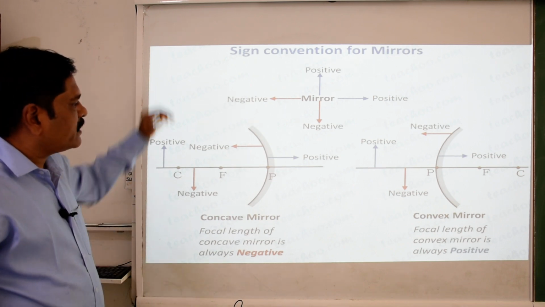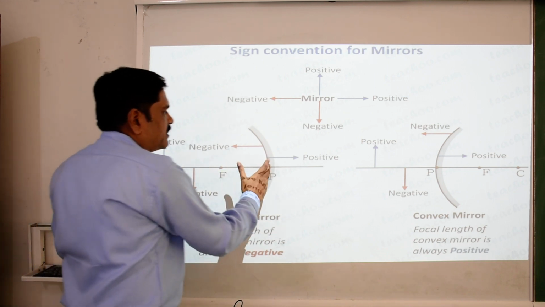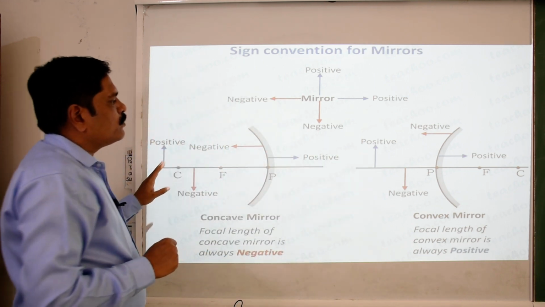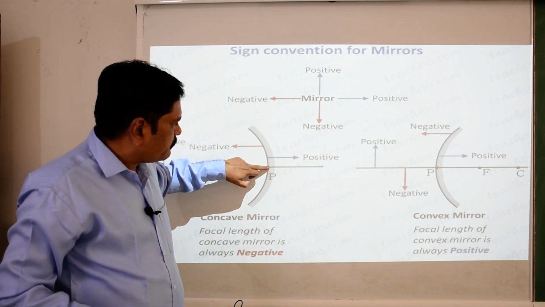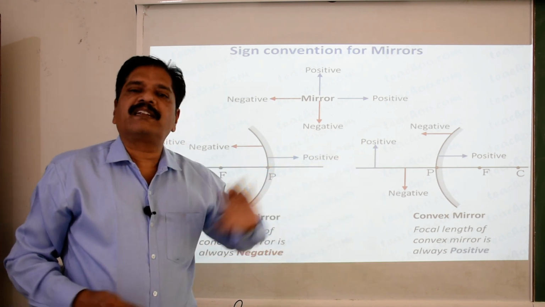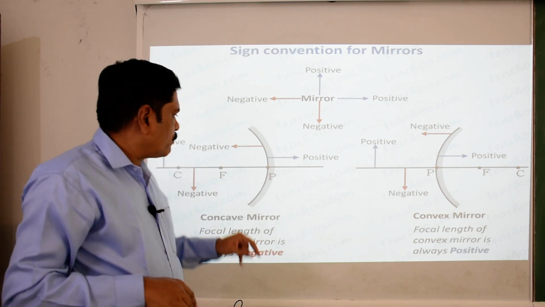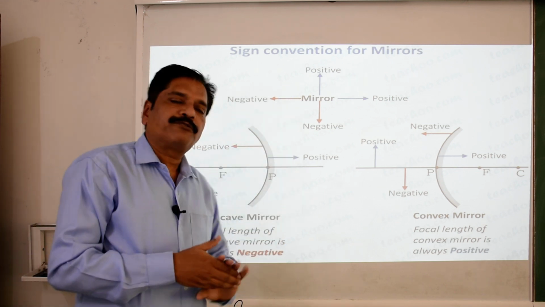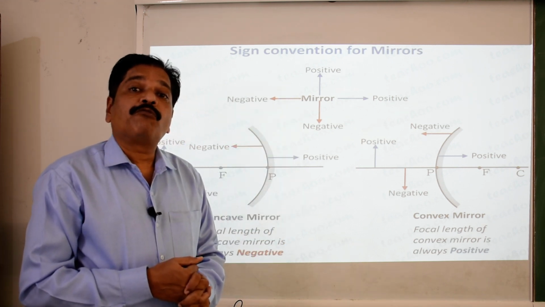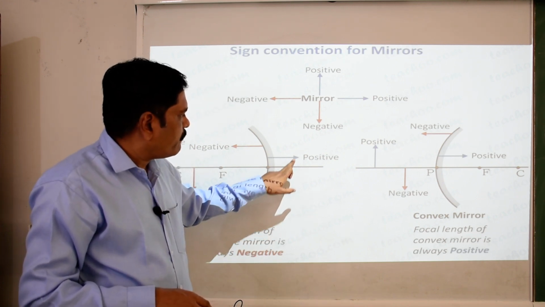Now here you can see this is the left hand side, this is the right hand side. Whatever distance you take from the pole to the right hand side will be positive. You remember when the object was placed between the focus and pole, the image formed was virtual and erect. Then where will the image form?